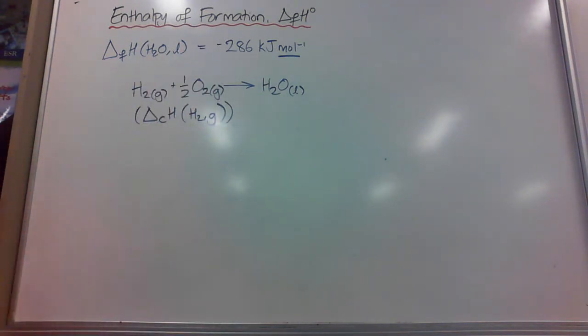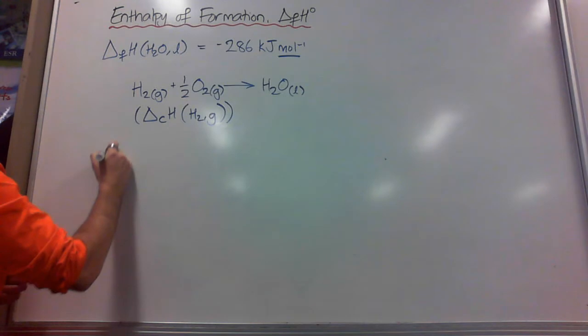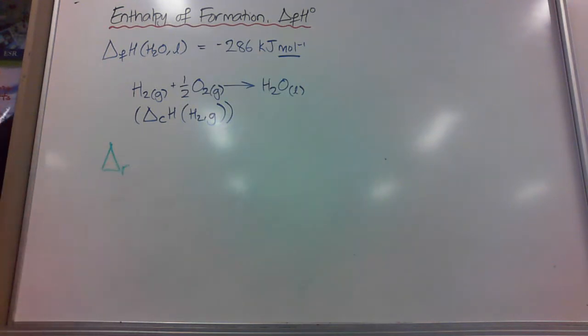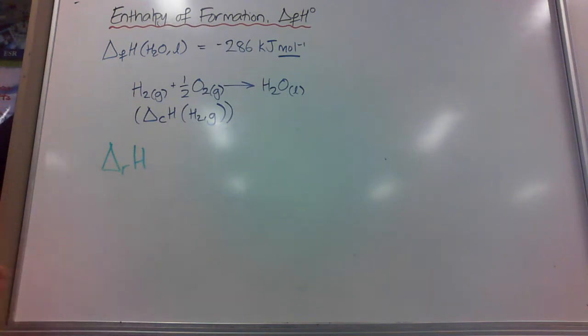So why do we need to know these, or how do we use them? Well, actually, a lot of reactions, we need to predict how much energy is going to be released or absorbed by that reaction before we do it. And we need a ballpark figure, if nothing else. So enthalpies of formation will actually give us that information. The enthalpy of a reaction, and the little r means reaction, so it's what you're usually going to be finding in a question.